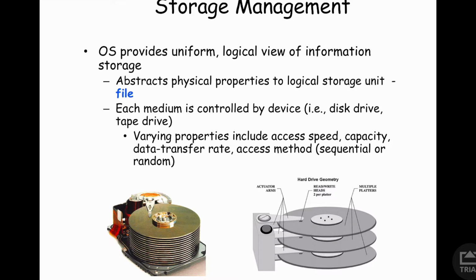So each medium, each physical storage device, is controlled by a device controller, and it's hanging off of the I/O controller. And each one has various properties, like whether or not you can access them randomly, random access. Well, random access means that every location can be accessed, and you don't have to go sequentially in a particular order to do so.